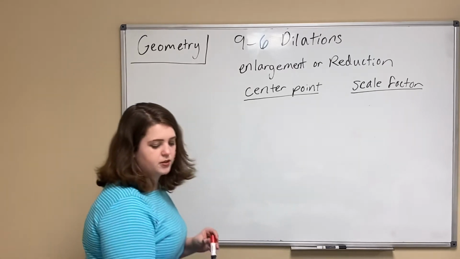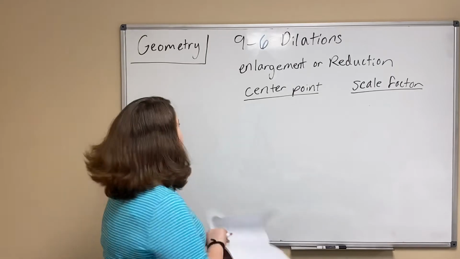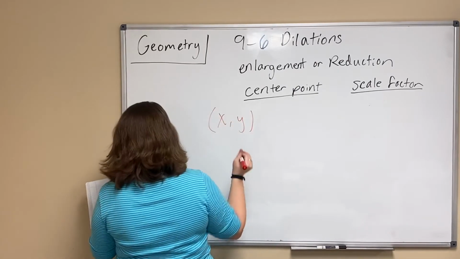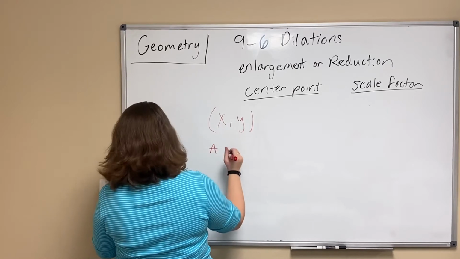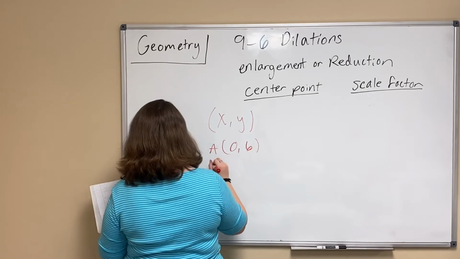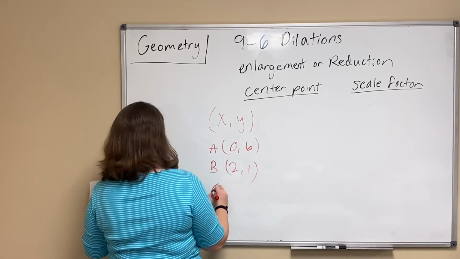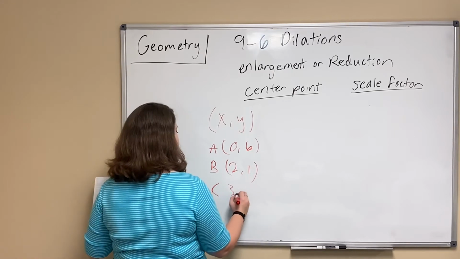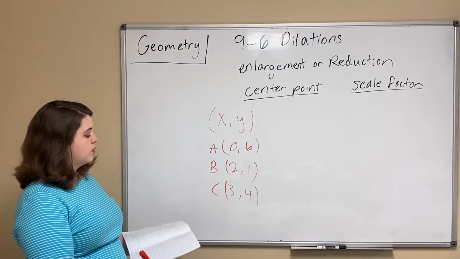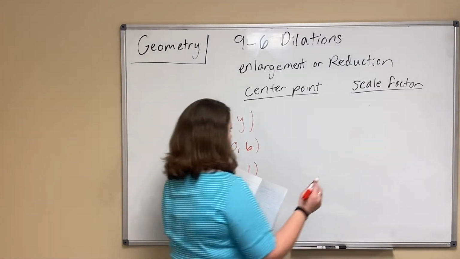So let's just practice one. Let me get our x's and y's. Point A is at (0, 6), point B at (2, 1), and point C at (3, 4). Okay, so now we're going to dilate it by a scale factor of 1/2.